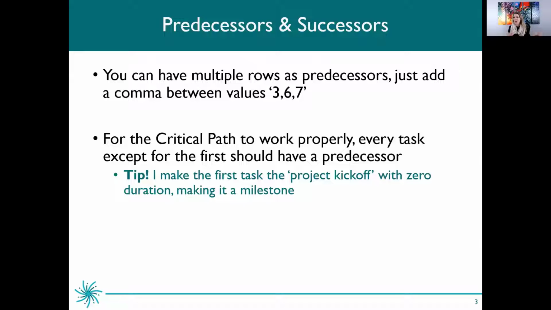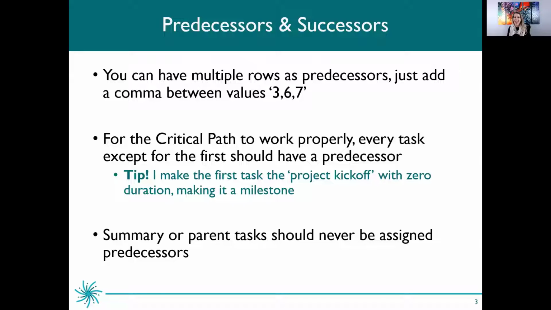When you hear me talk about a milestone, I'm talking about a task with 0 duration that marks some significance, so we want to have it in our project schedule. Project kickoff is a perfect example of a milestone to include in your project schedule.